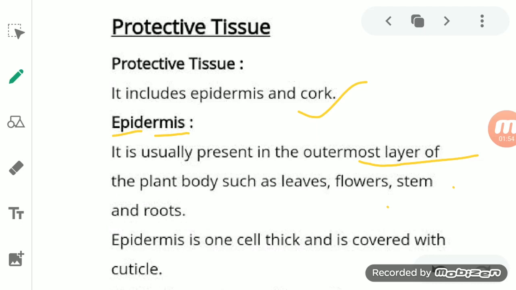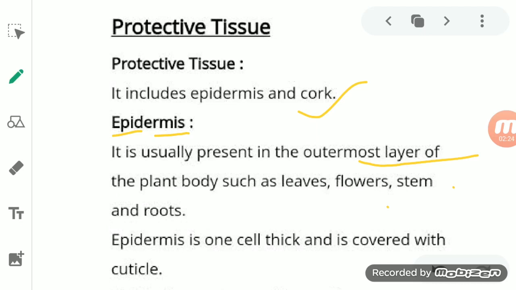So does a plant also have a skin? Yes, plants also have a skin, and that is a protective part of the plant. So the epidermal tissue, or the epidermis, is the outermost cover of the plant body, and the outermost layer of the leaf, stem and root.